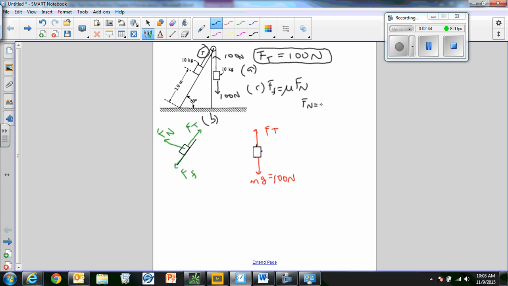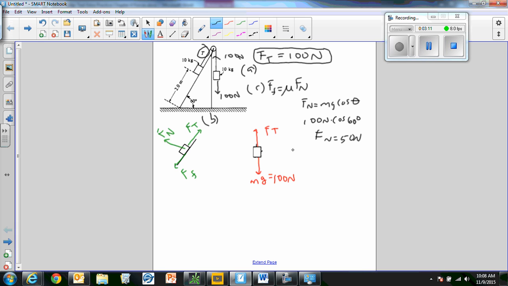On an incline, this is always true, the normal force is equal to mg cosine theta. In this case, 100, because it's a 10 kilogram box, times cosine of 60 degrees. That is going to give me 50 newtons, because cosine of 60 is half. So the normal force is 50 newtons.